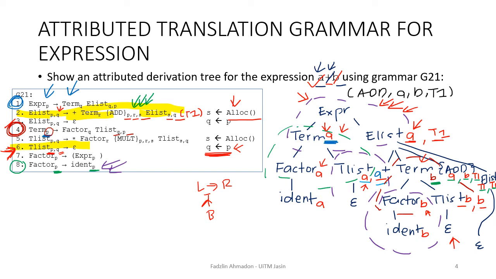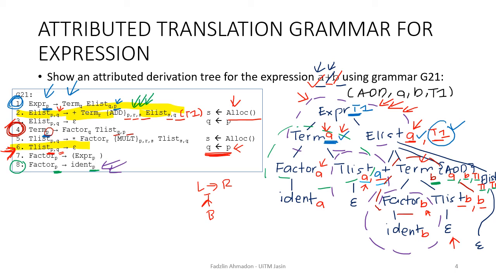We already know the value of Q, which is A. So this is Q. We also know now the value of P, which is T1, and we see P is also the attribute for expression. Therefore, the attribute here next to expression will be T1. Okay, so our tree is now complete.